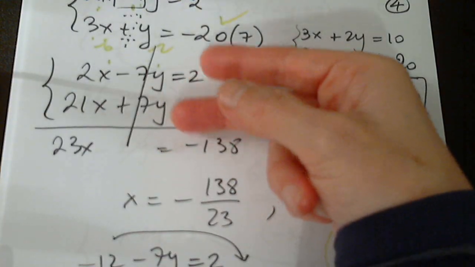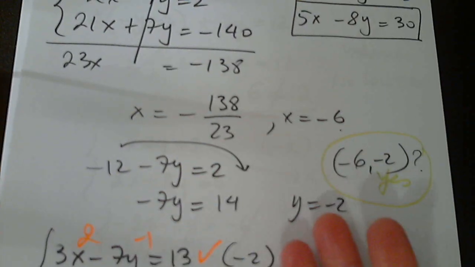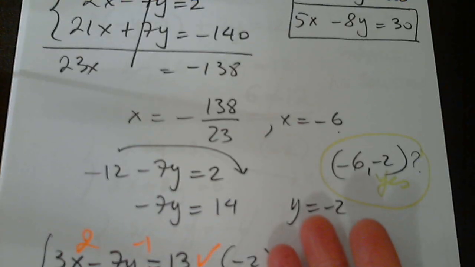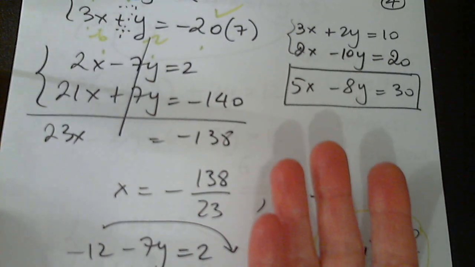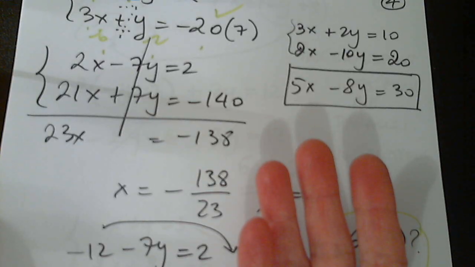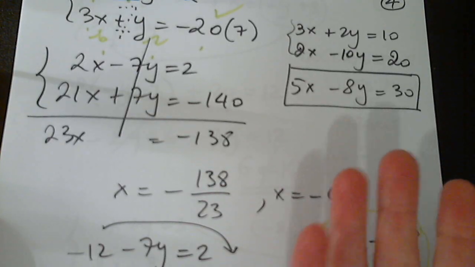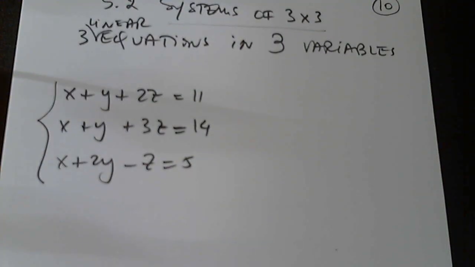And once I get two equations, I choose substitution or elimination. But I have to eliminate one of the variables first, somehow, to get to two equations in two variables.